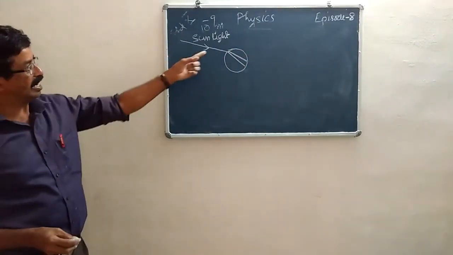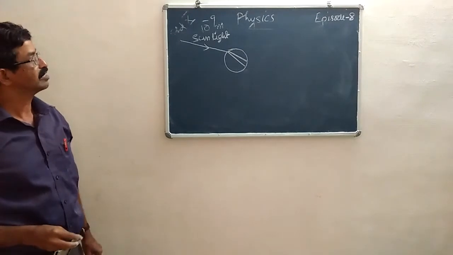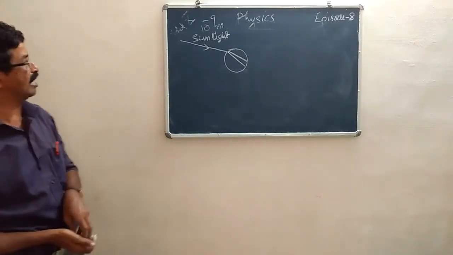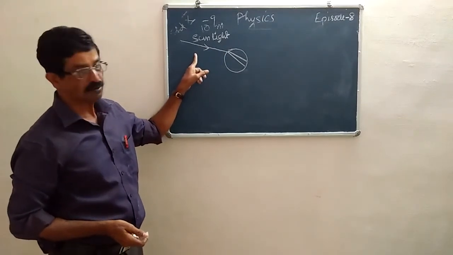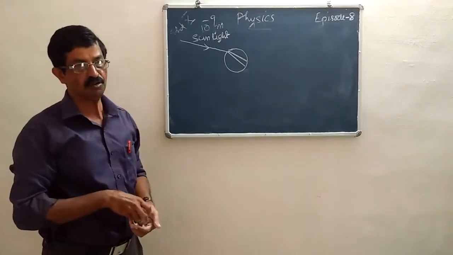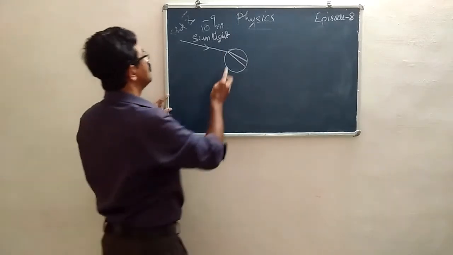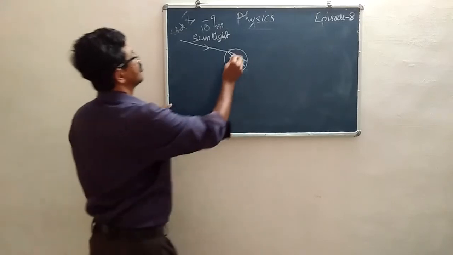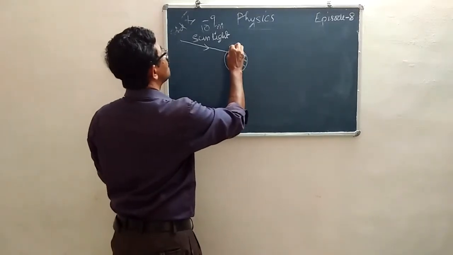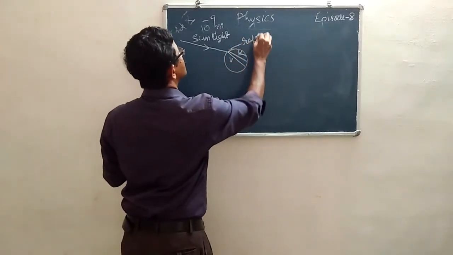Sunlight is a composite, that means white light. When it is refracted, which color deviates more? We know, violet. Which color deviates least? Red.